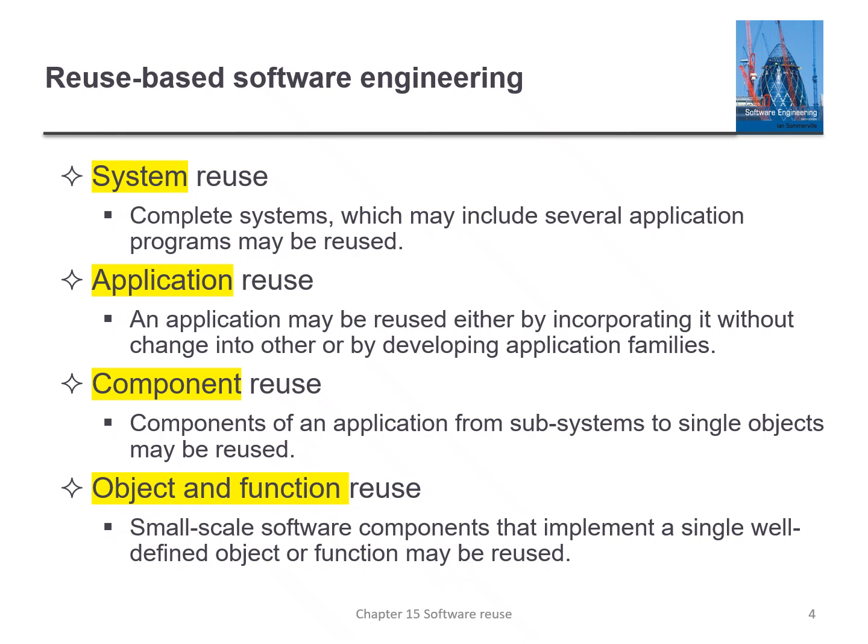Whereas in application reuse, it can be reused either by incorporating it without change, meaning that you are using some of the existing application without changing it, or by developing application families, meaning that you are combining it with other applications in order to build a new system.